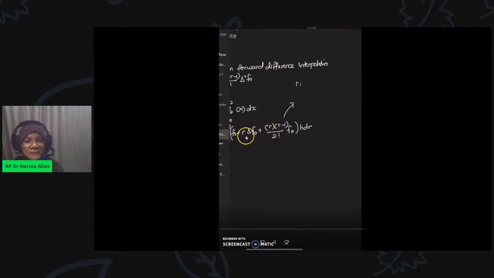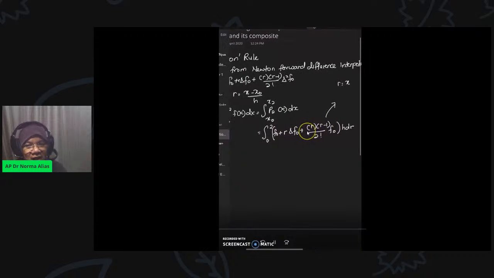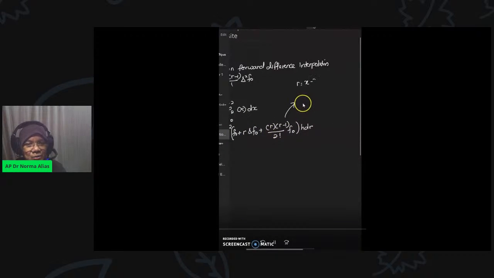All right. So now we differentiate, since we have r equal to x minus x0 divided by h. So we do the first derivative of r with respect to x, because we want to replace the x. Make it clear: differentiating r with respect to x gives 1 over h.